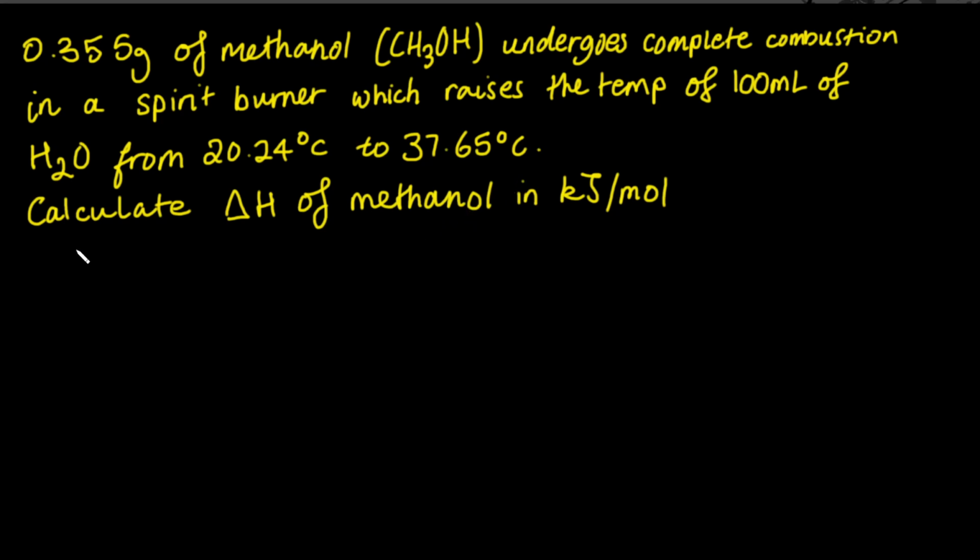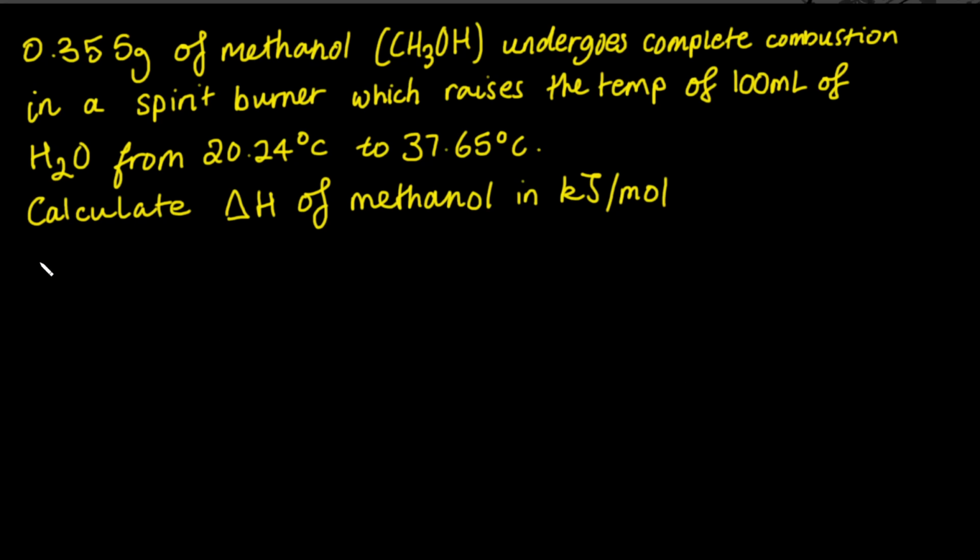The question is asking us to calculate the heat of combustion, or change in enthalpy, of methanol in kilojoules per mole. This is a pretty standard question you will find, in which you have to find, using specific heat capacity, how much energy is absorbed by the water, and then figure out based on how much of the fuel we burn, what the generalized heat of combustion is for that compound.